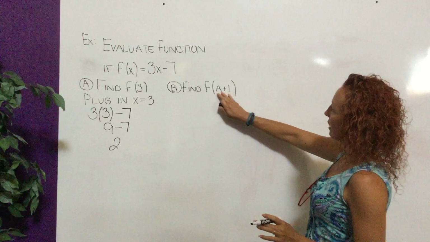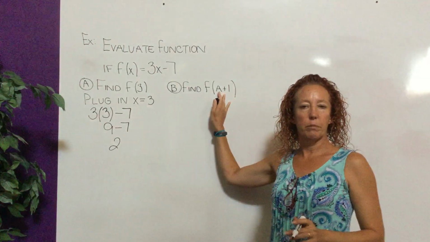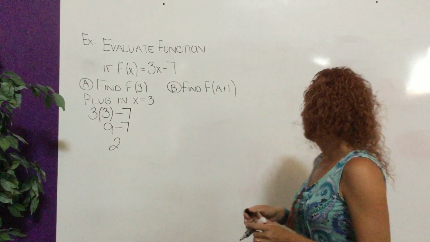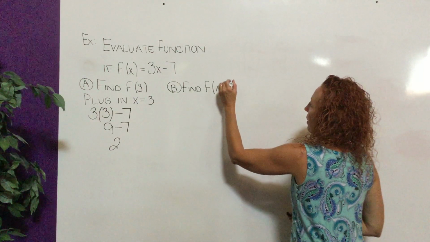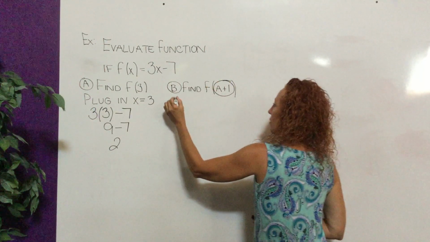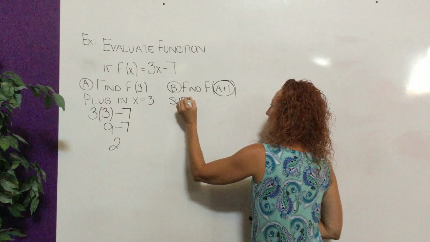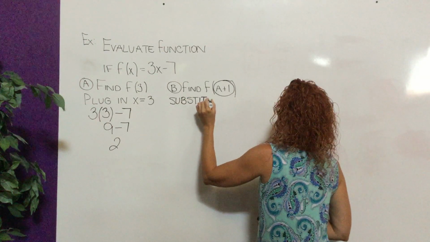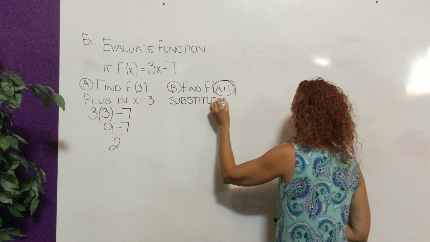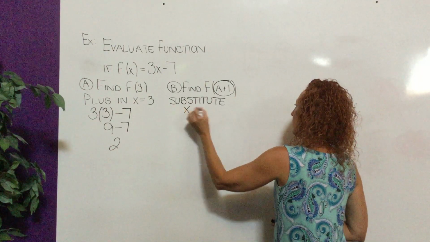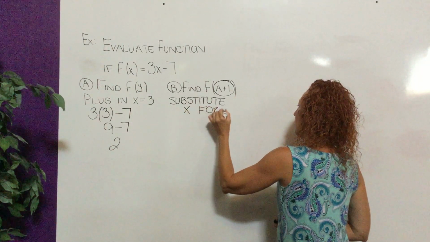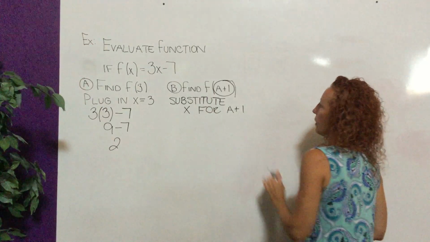How does it look if you have not only a variable and a number? You're going to just plug all of this in. Another word for plugging in, maybe a more mathematical word, is to substitute x for a plus 1.